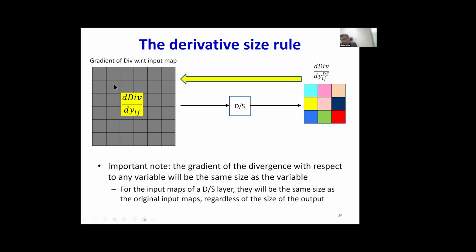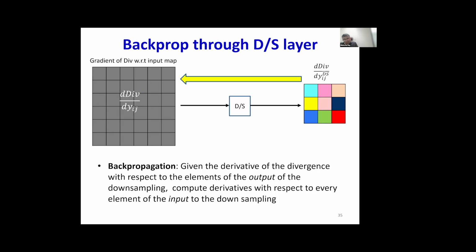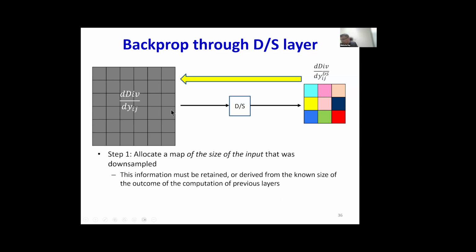So the first thing we will do is to allocate a derivative map the same size as the input. You set everything to 0 within this map. Then you want to propagate these derivatives back into this map. So you want to allocate a map the size of the input that was downsampled.